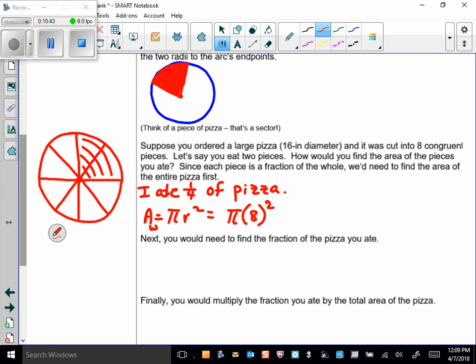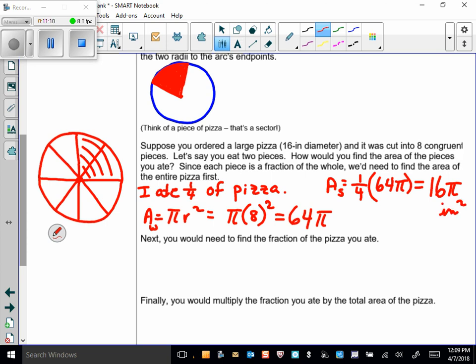The diameter is 16, so the radius is 8. So 64 pi. So if I ate 1/4 of that, the area of my slice is 1/4 times 64 pi, which is 16 pi, right? 16 pi, and what is it? Inches. So that would be square inches.